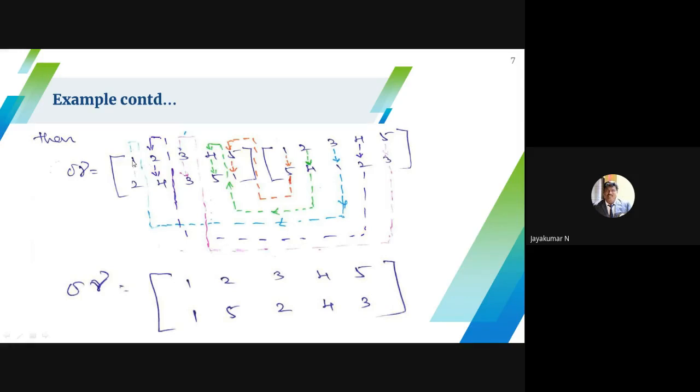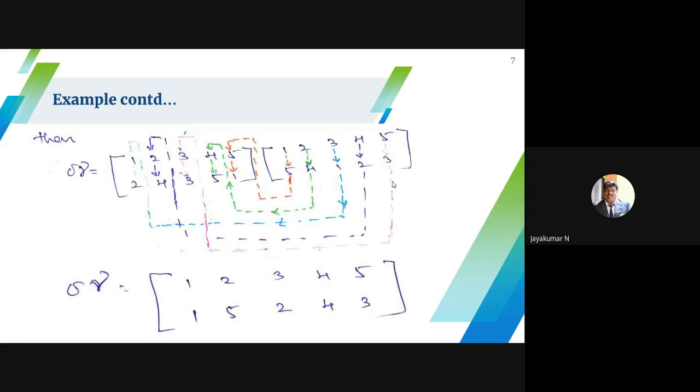first I can find the image of 1 in sigma, then I find the image of that result in gamma. That is also possible. So if you find sigma composition gamma from right to left, and also from left to right, both answers are not equal.